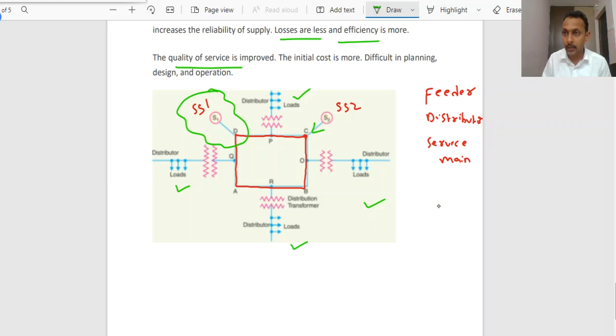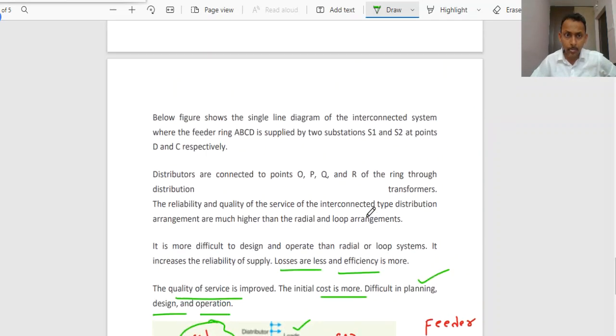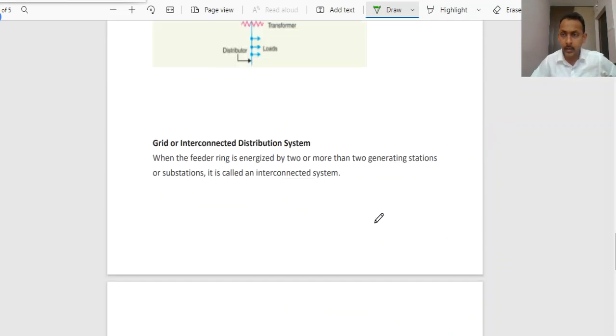But the difficulty is, it is difficult in planning, designing and operation, and the initial cost is also more. These are the four problems we are having. Initial cost is more, planning is difficult, designing and operation is difficult. So this is the grid or interconnected distribution system.